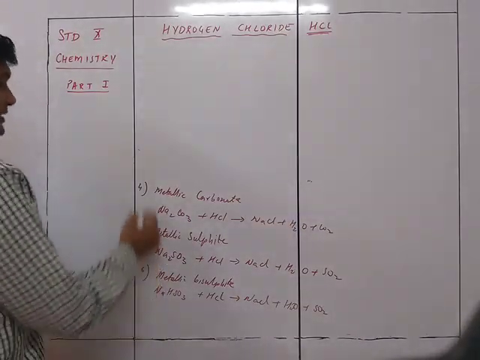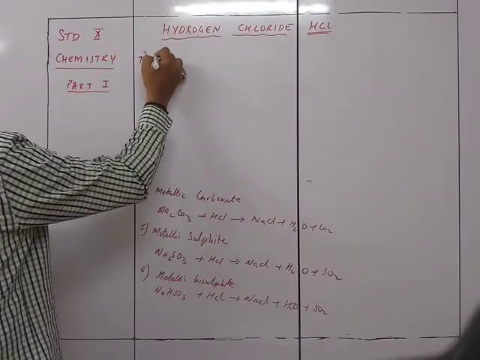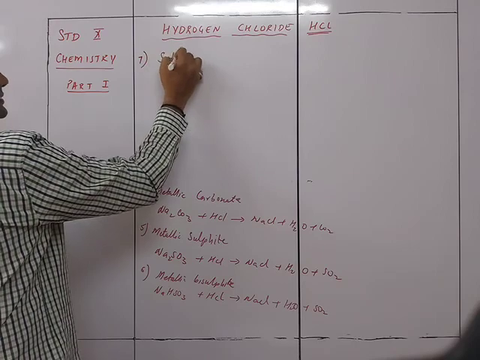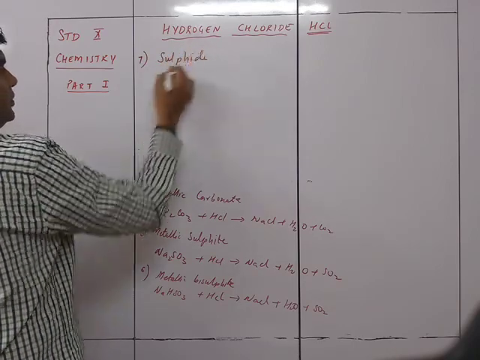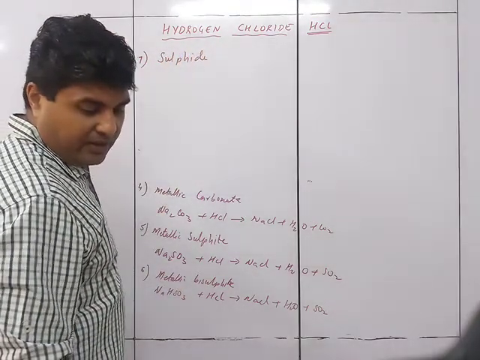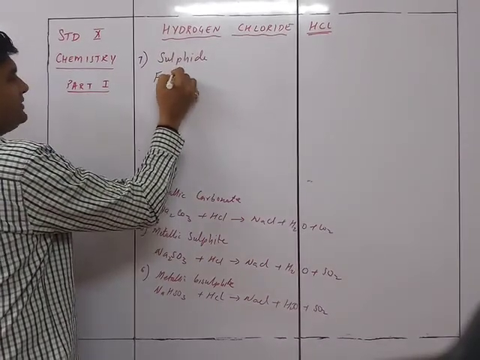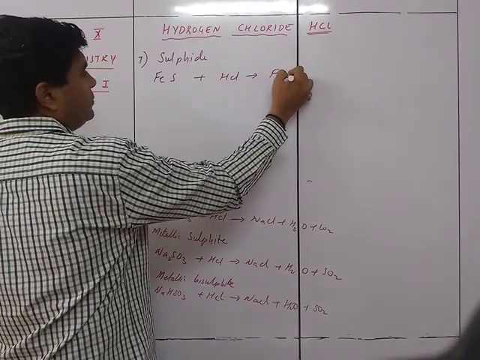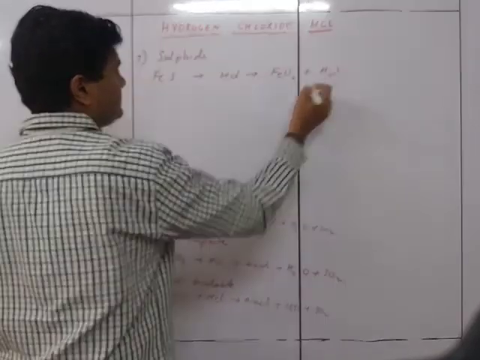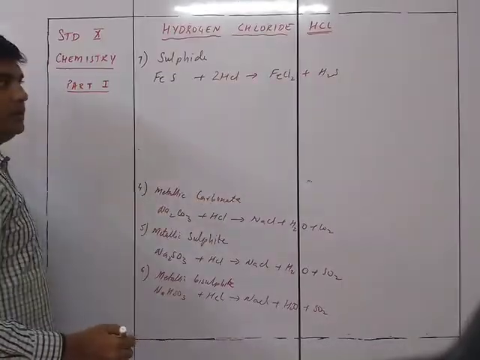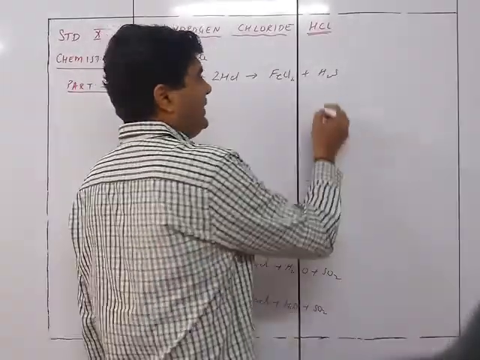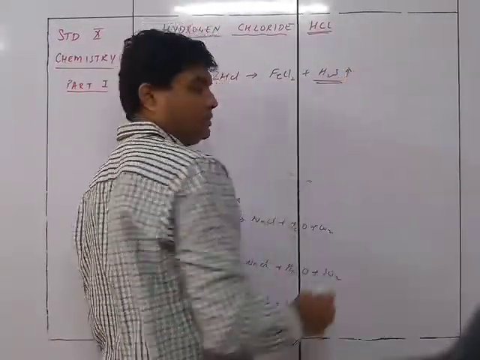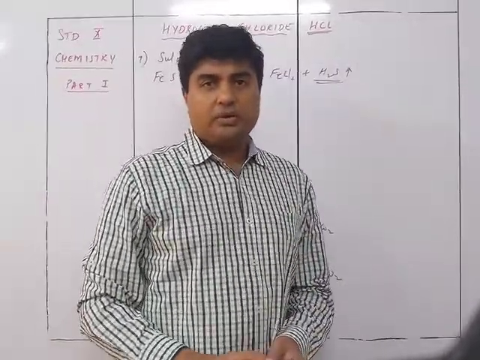The seventh one is with sulfides. We are taking the example of FeS. FeS plus HCl will give me FeCl2 plus H2S. Now, very important: what is the observation over here?